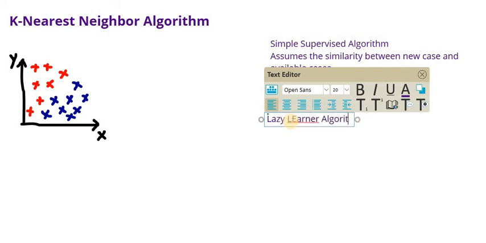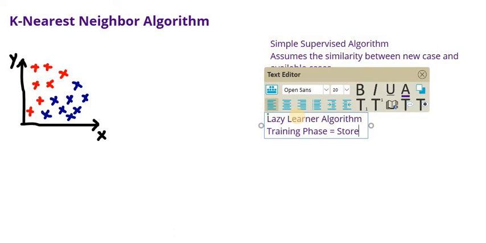Why do we call it a lazy learner algorithm? During the training phase it just stores the data, and no learning happens there. Just storing of the data set is done in the training phase.